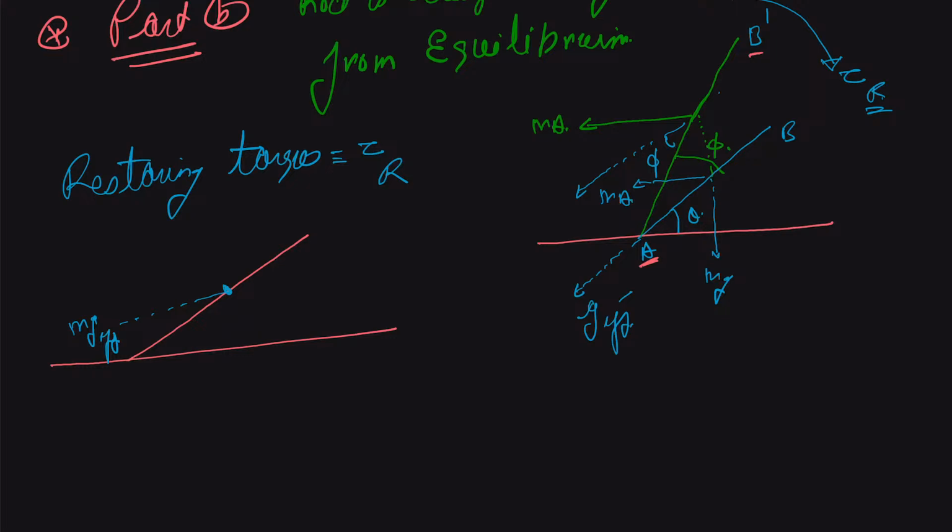We can divide this G effective into two components. This angle we said is our phi, so we divide this into two components. One will be the perpendicular, which will be m G effective sine of phi, and the other one will be the parallel component, mg effective cos of phi.